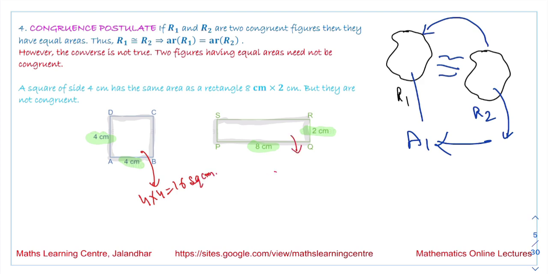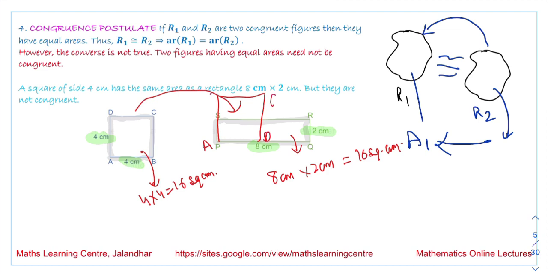The area of the rectangle is 8 cm into 2 cm, equal to 16 square centimeter. But if you superimpose both these, suppose I put one on another, it will be just like this, ABCD. These two figures are not congruent figures, but they have the same area.